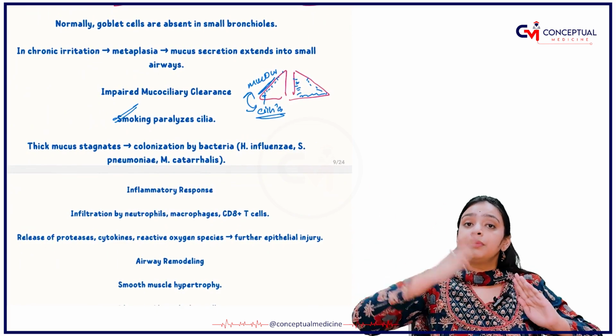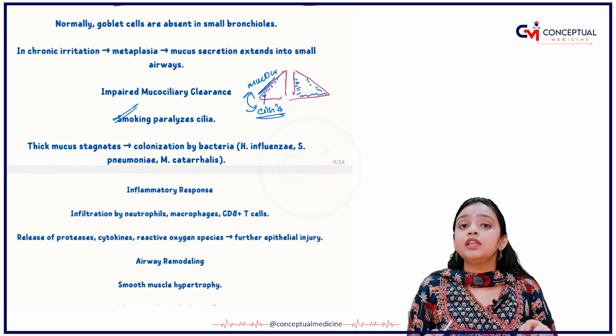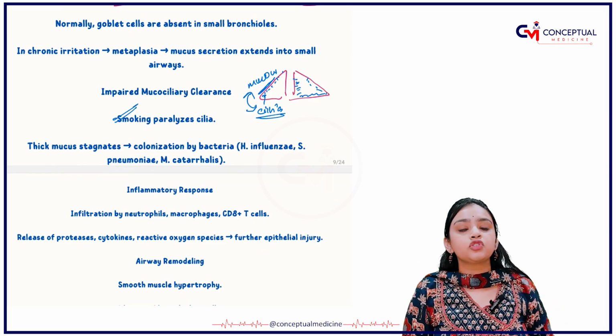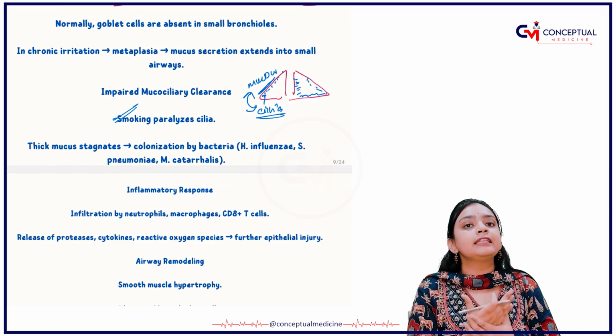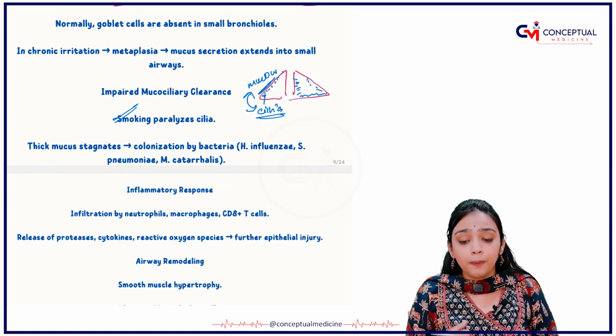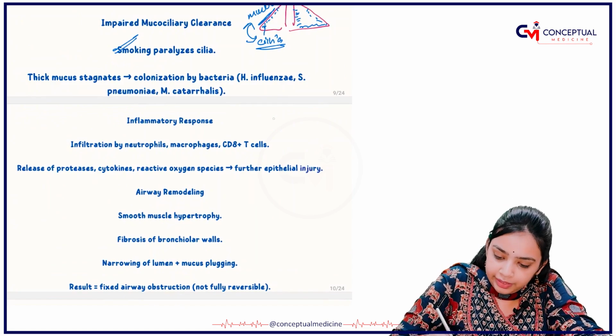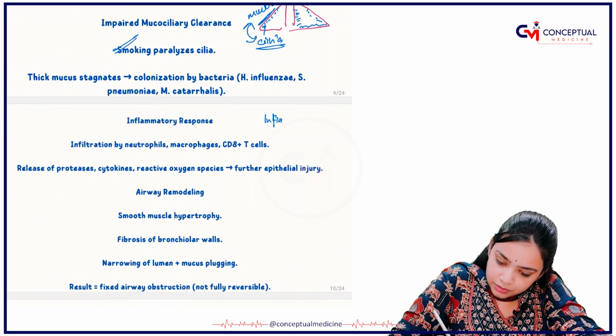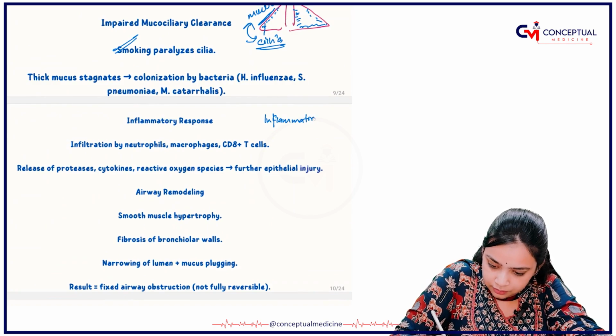There will be no movement of the cilia. You have seen in your 11th or 12th biology lectures that there is movement in the cilia which are responsible for motion, right? There will be an inflammatory response.